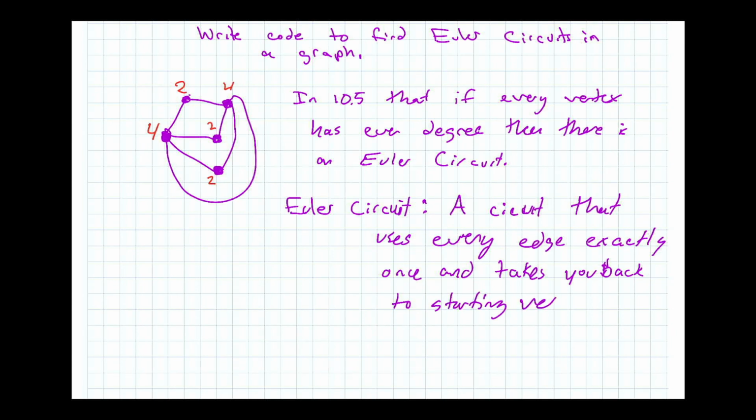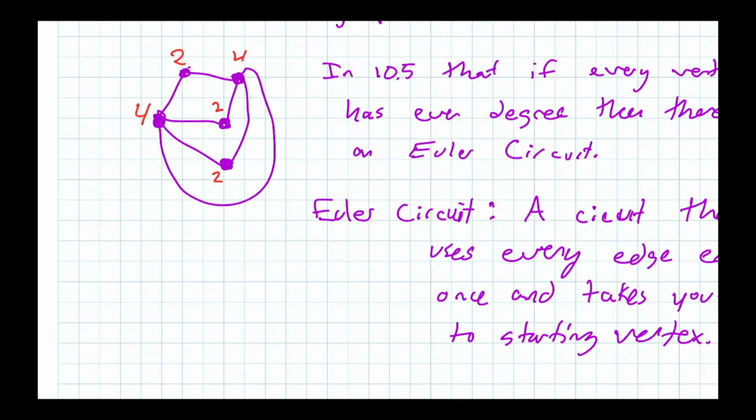That's not really a good definition that I put there, but that's what it is. For example, the graph that we just drew must have one because every vertex has even degree.